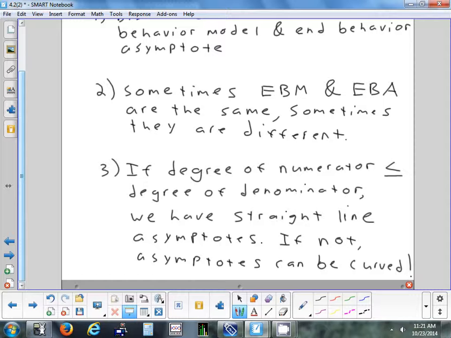I'm going to keep the curve relatively simple, meaning I'm not going to give you a cubic polynomial for an asymptote. We'll maybe do a quadratic, so it's a parabola shape. It's a little easier. Does everyone have those three points?